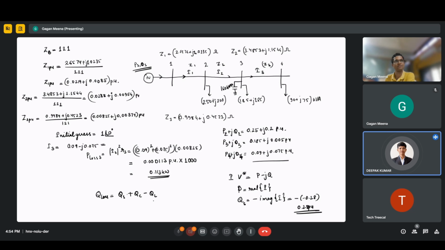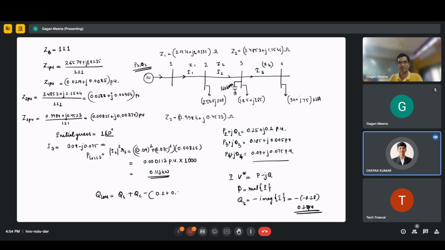QL is 0.075. No, no. Actually, we have to add all the power. Yes, sir, we have to add all the power. So what will be this? 0.2 plus 0.265 plus 0.075.